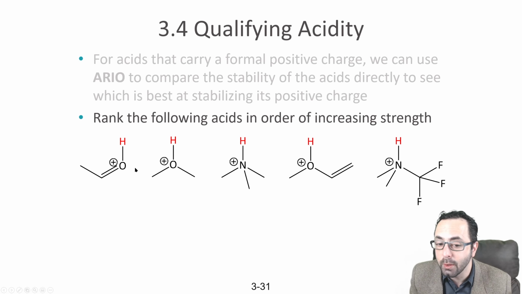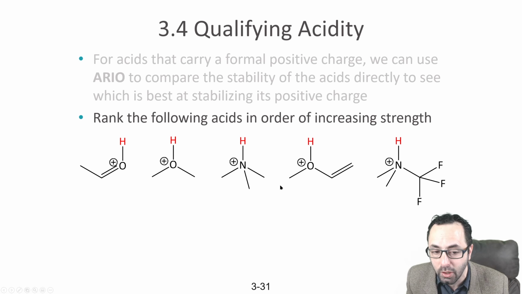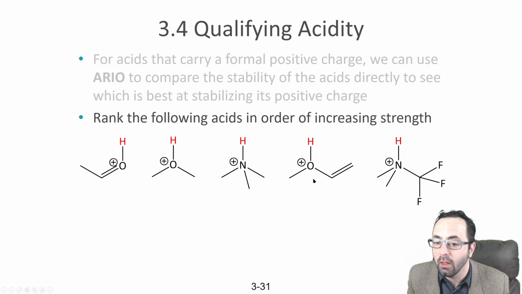It wants to actually have electrons around it, right? It's very electronegative. So we can compare that relative stability of stabilizing the positive formal charge here, and we can see that the nitrogen here will stabilize the positive formal charge better than the oxygen.